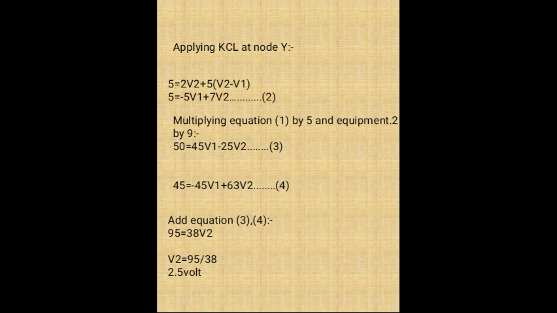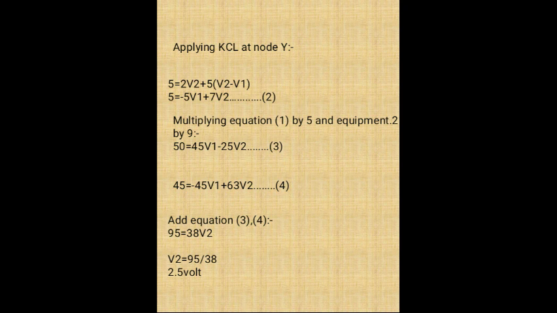Now, in the second case, we apply KCL at node 2. The KCL equation is 5 = 2V2 + 5(V2 - V1). Simplifying, 5 = -5V1 + 7V2, equation number 2.